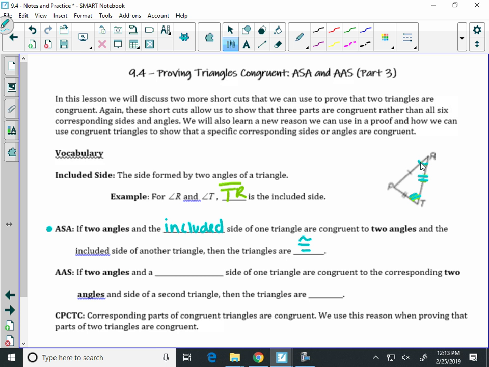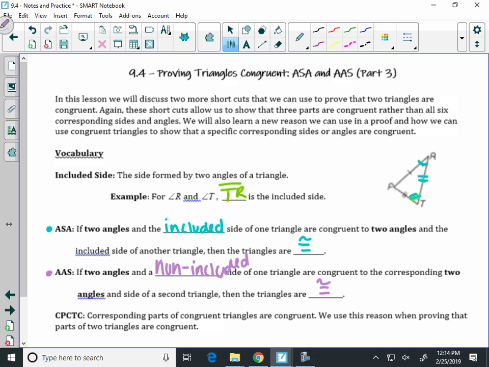The other shortcut we're going to talk about is angle, angle, side. Meaning if two angles and the non-included side of one triangle are congruent to the corresponding two angles and side of a second triangle, then those two triangles are congruent. Meaning something like this.